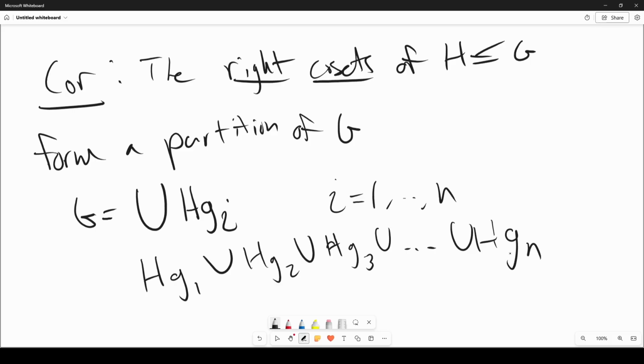There's a certain number of group elements, and you take the right cosets of them, or the orbits, and they partition all of G. The same way with the natural numbers, I could think of g1, g2, g3 as like 0, 1, and 2, and the union of all of those was a full partition of the set, or the group G in this case.